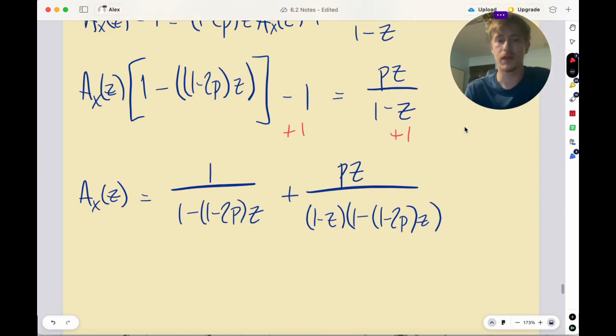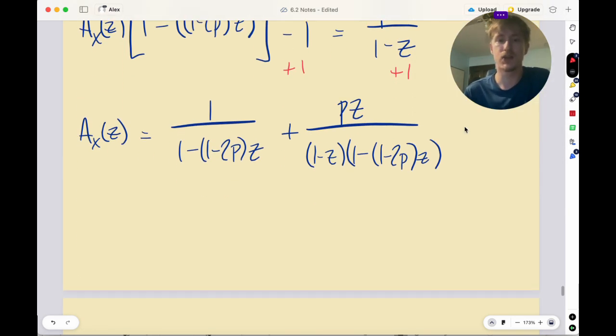maybe I should do this off to the side. So if you have something like 1 over z minus a times z minus b, the trick is you want to write this as some constant divided by z minus a plus another constant divided by z minus b.